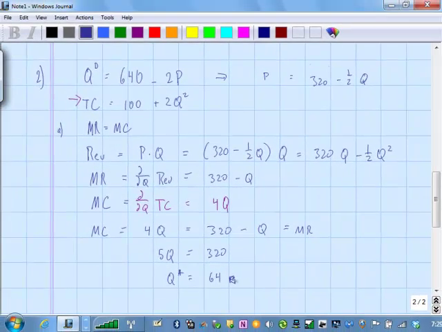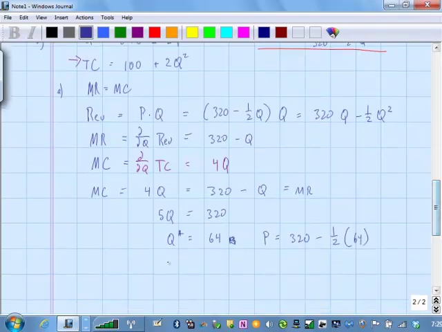To figure out P star, I can just go back to the inverse demand function that I solved before. My P star is going to equal 320 minus 1/2 times Q. I know what my Q is. It's 64. So that's going to give me P star is equal to 288.